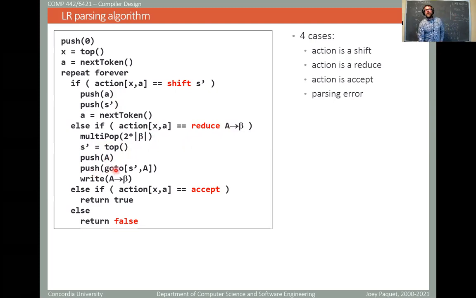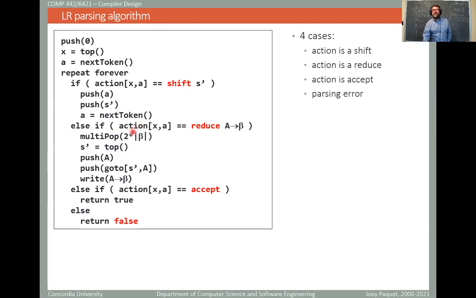Then you go into the go-to table, and you peek into the table at coordinates S prime, which is the state that was on top of the stack below your right-hand side, and the non-terminal A that you just pushed onto the stack. This will tell you which state you will transition to after having applied this reduce operation.